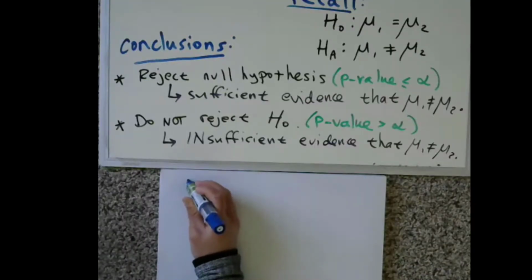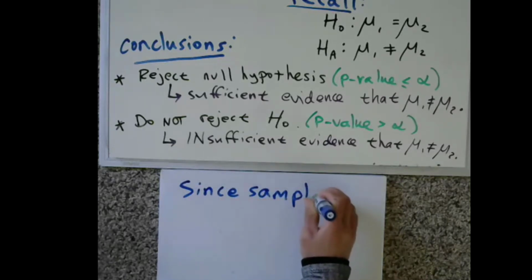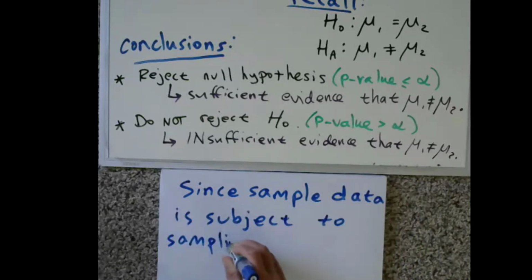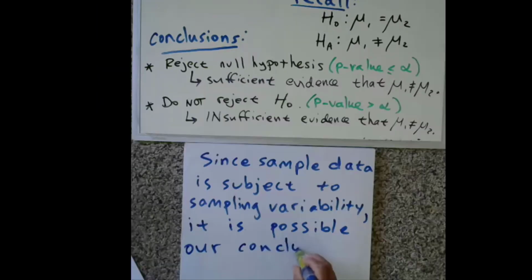Because sample data is subject to sampling variability and thus sampling error, it is absolutely possible that the conclusion we make is not accurate with what's going on in the population.